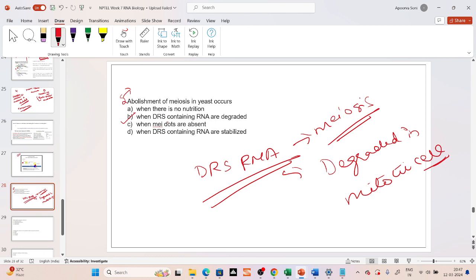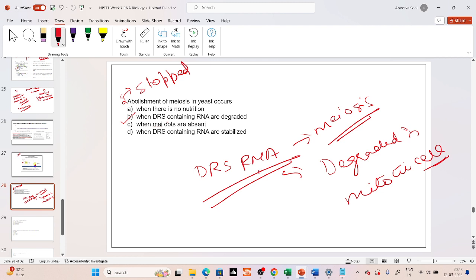That means if meiosis is abrupted, if meiosis is stopped in yeast, why does it happen? Because the meiosis specific RNA is degraded. If MEI dots are absent, it is a good thing because it will not degrade the DRS. If DRS are stabilized, then meiosis should occur because meiosis is dependent on DRS containing RNA.